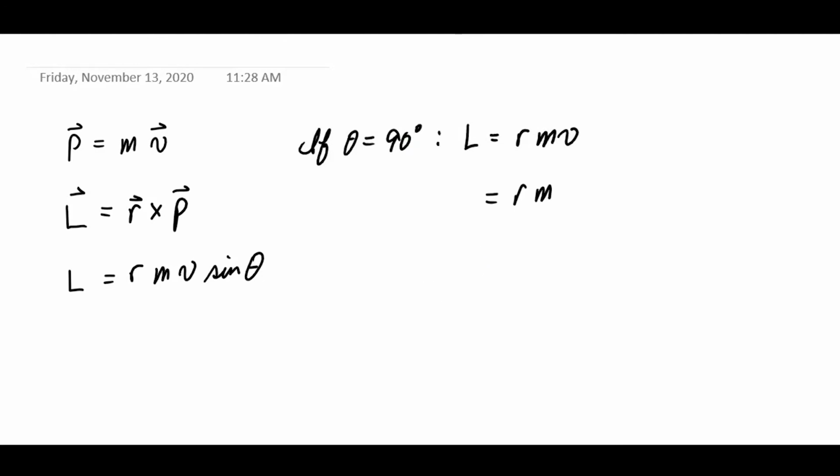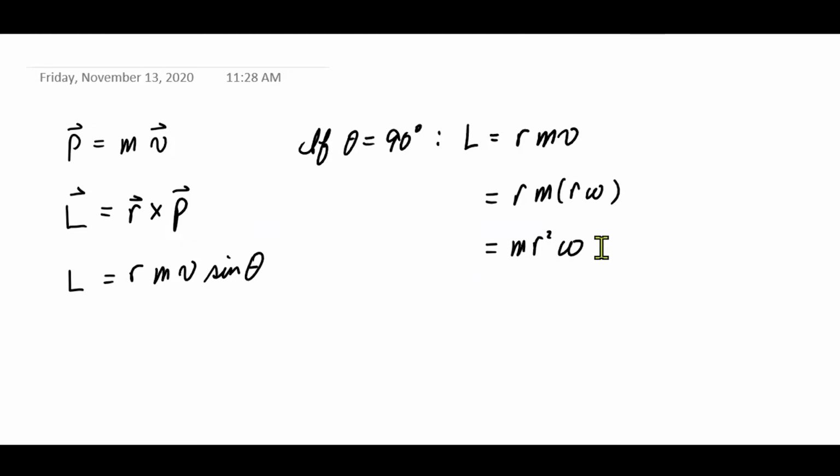Now, RMV here, what is V in terms of angular velocity? Do you remember this? V is equal to R omega. So what we have is MR squared omega. That looks mighty familiar now, doesn't it? MR squared, and this is just a point mass at the moment.